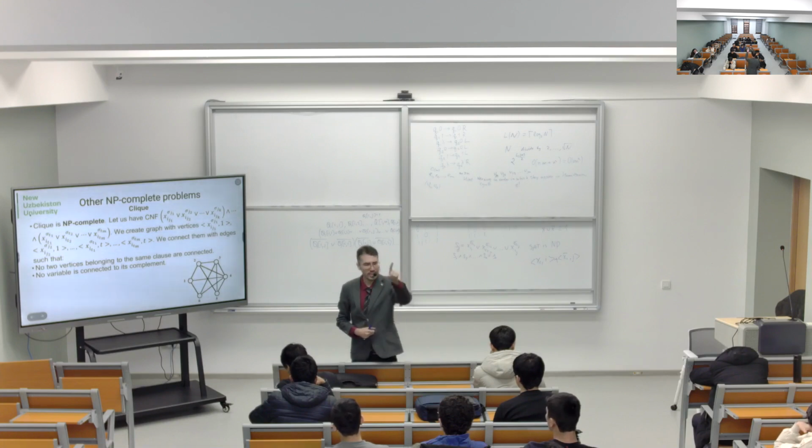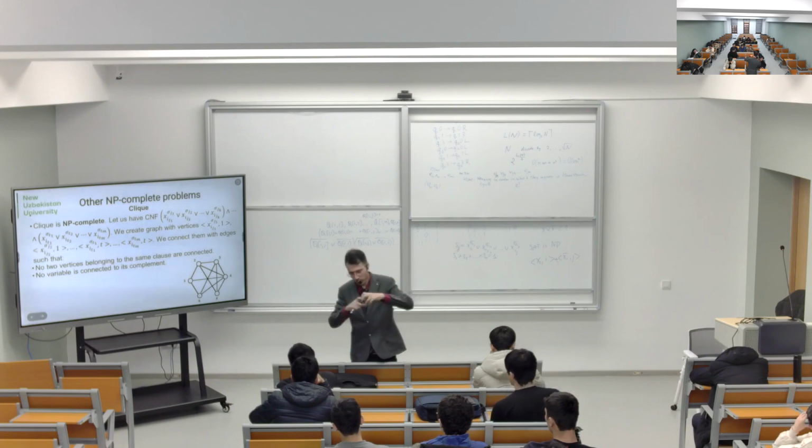Because you found in each one of them a variable that you can assign a value equal to 1, then the whole thing will become 1. So you found for all t of them values that you can assign to the variables and you will get 1 as the answer.